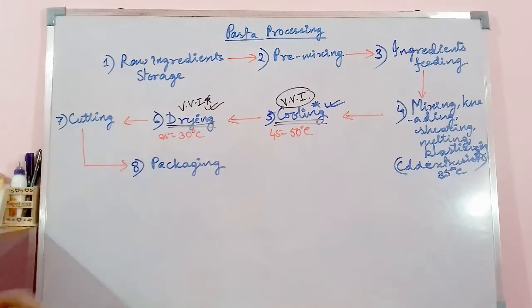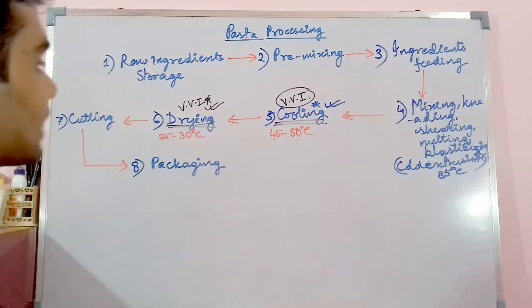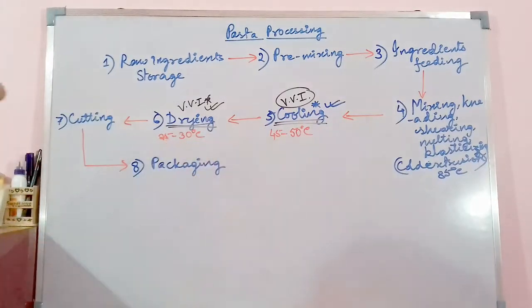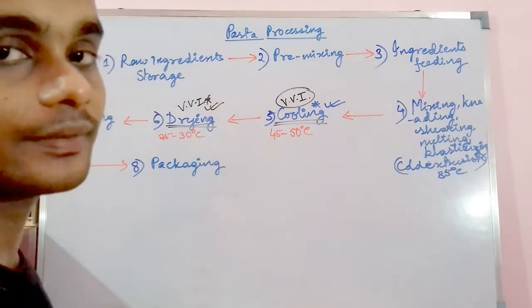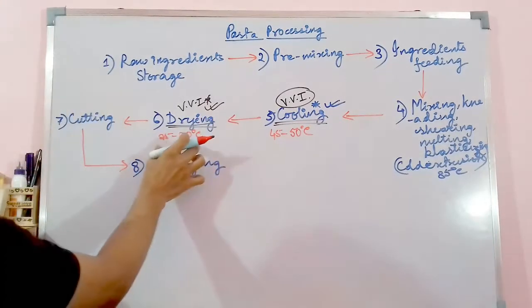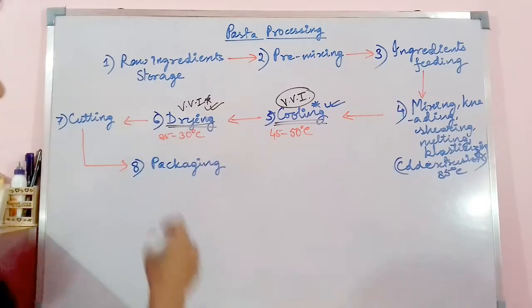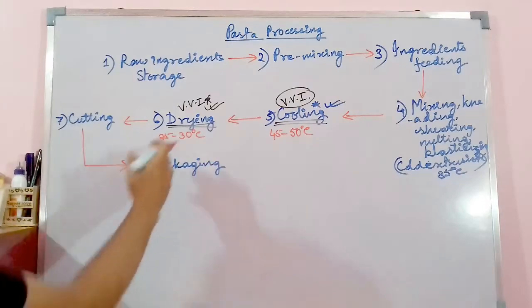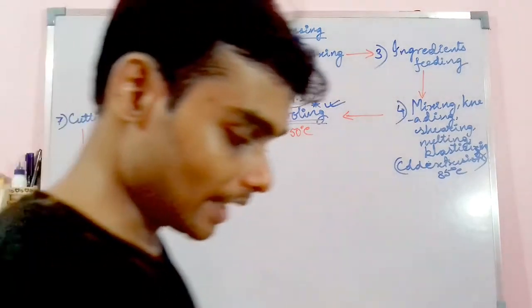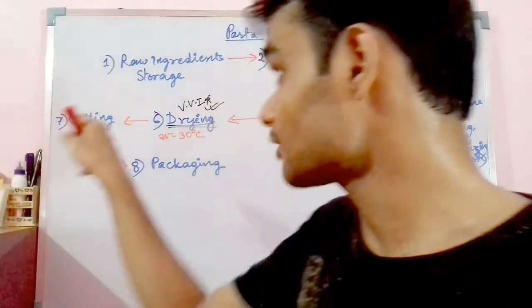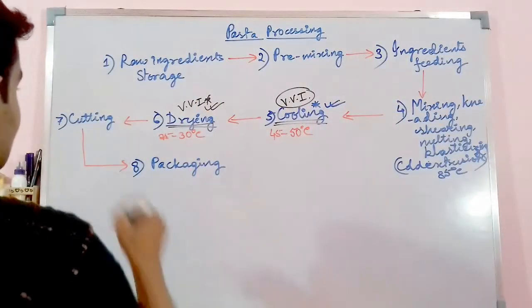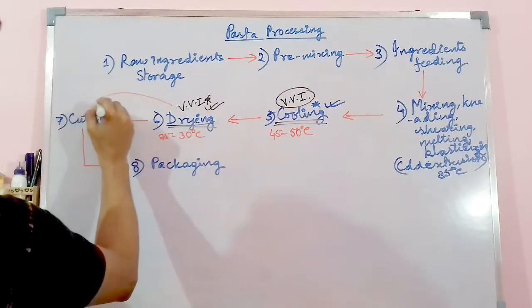After the cutting is done, the pasta is cut and then packaged. Because once it is cooled to 25 to 30 degrees Celsius, cutting the pasta would be impossible. So drying is done at 25 to 30 degrees Celsius, and these two processes are done together.